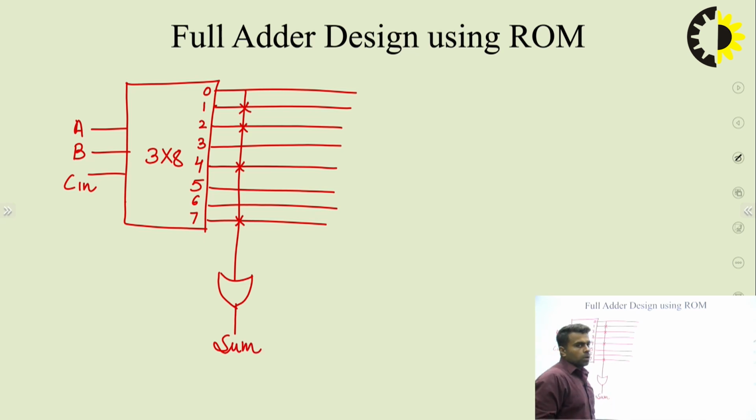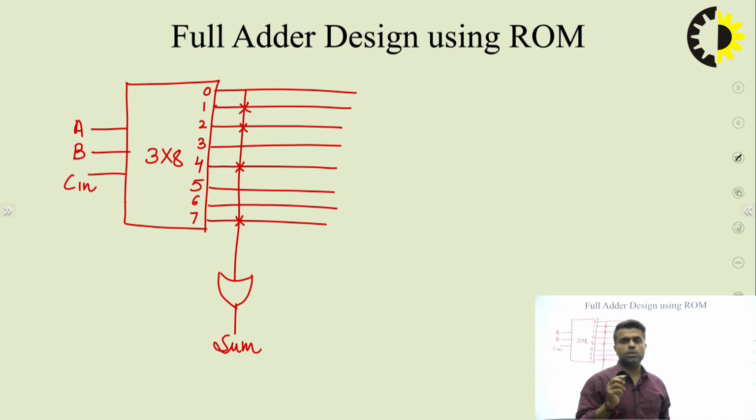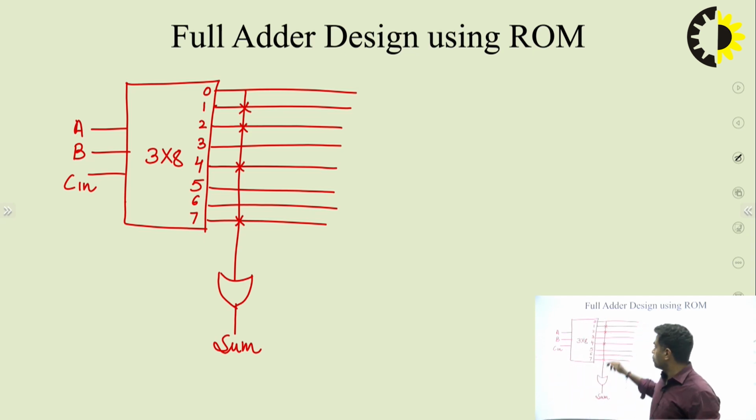So now this cross is denoting a programmable link. That cross could have been placed anywhere on these 8 possible places from 0 to 7. Out of these 8 possible places, I can choose 1, 2, 3 or all 8, as per my requirement. In this case, we have seen that 4 things were required to produce the sum.